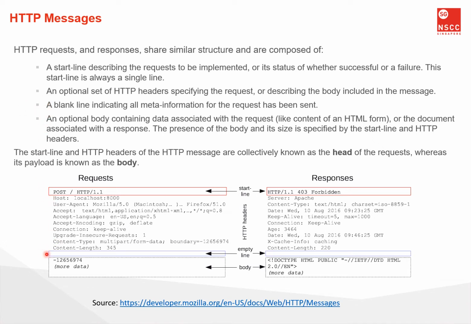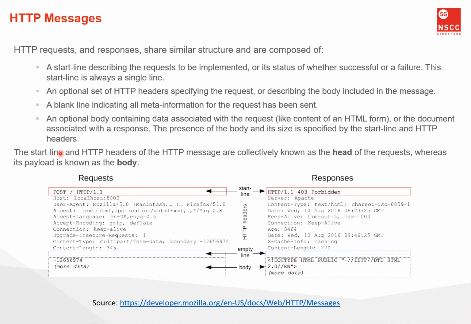Then there's a blank line, followed by the optional body, which may contain data associated with the request, for example, the content of an HTML form. You fill up a web form and send it in a POST request like this one, and the information from the web form is sent. The body may also contain the document associated with the response. If you're trying to get back information from a web page, the HTML data may be contained inside the body.